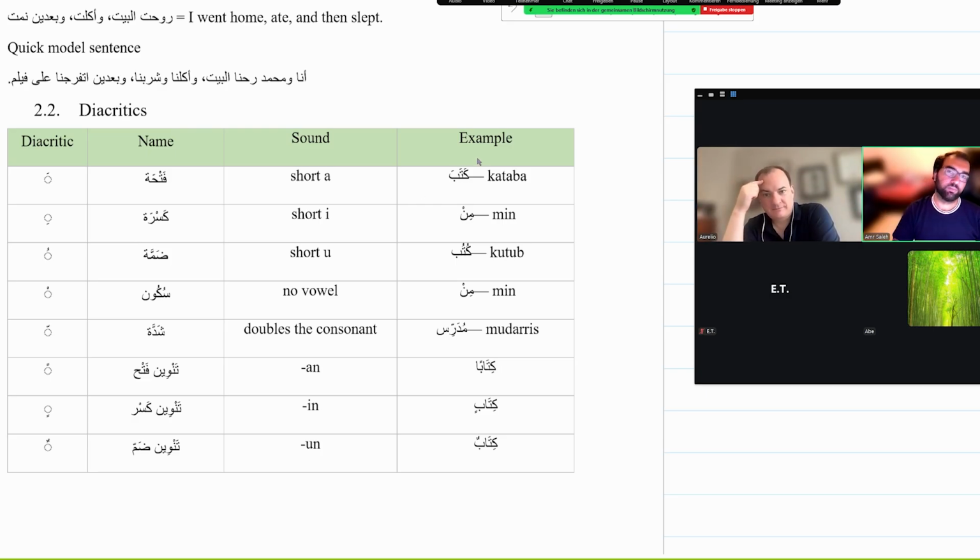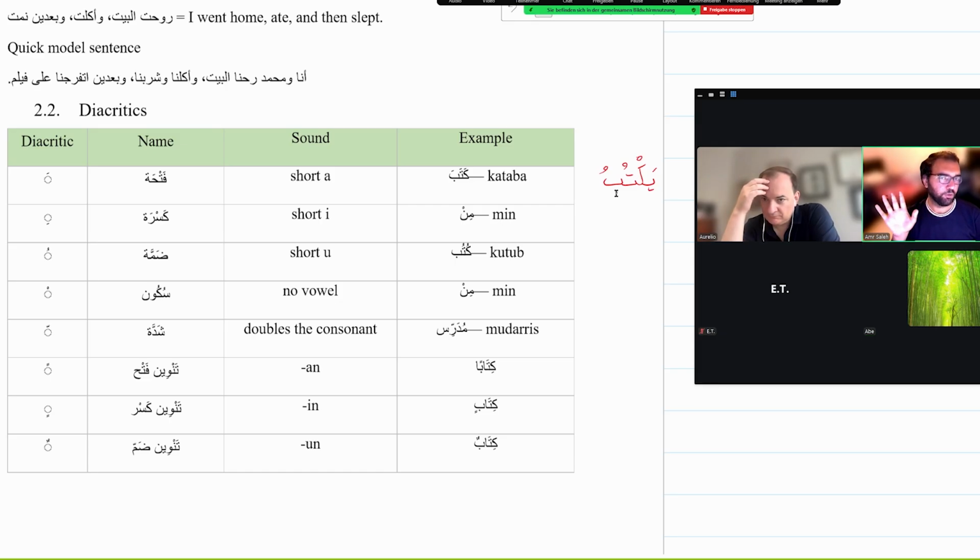If you want to create the root word of any Arabic or Masri word, you take away all of the vowels in the word. Let's put an example here. For example, it's going to be yaktubu.